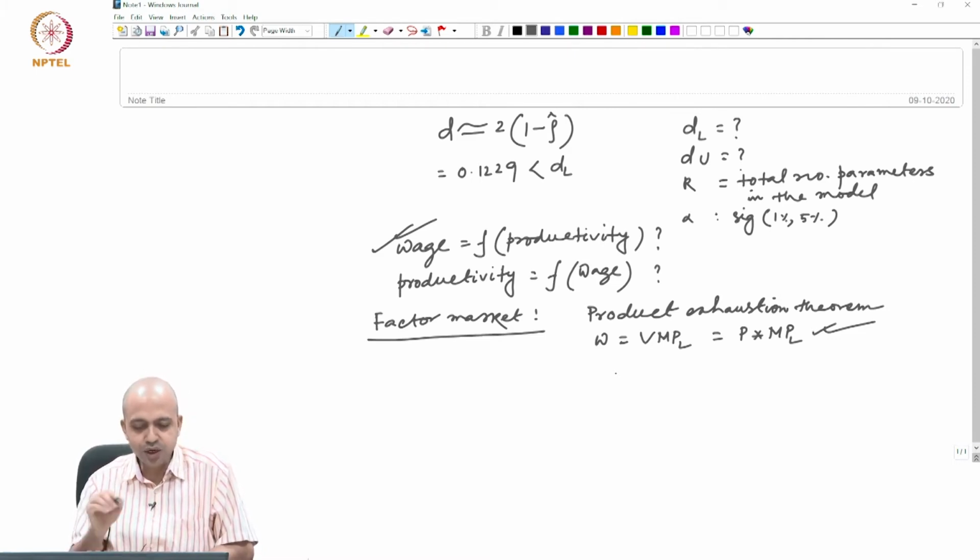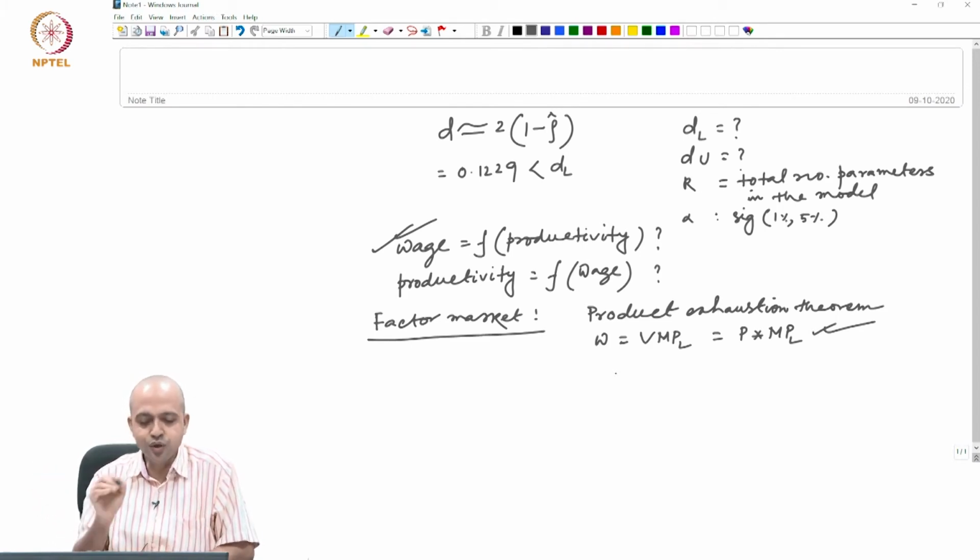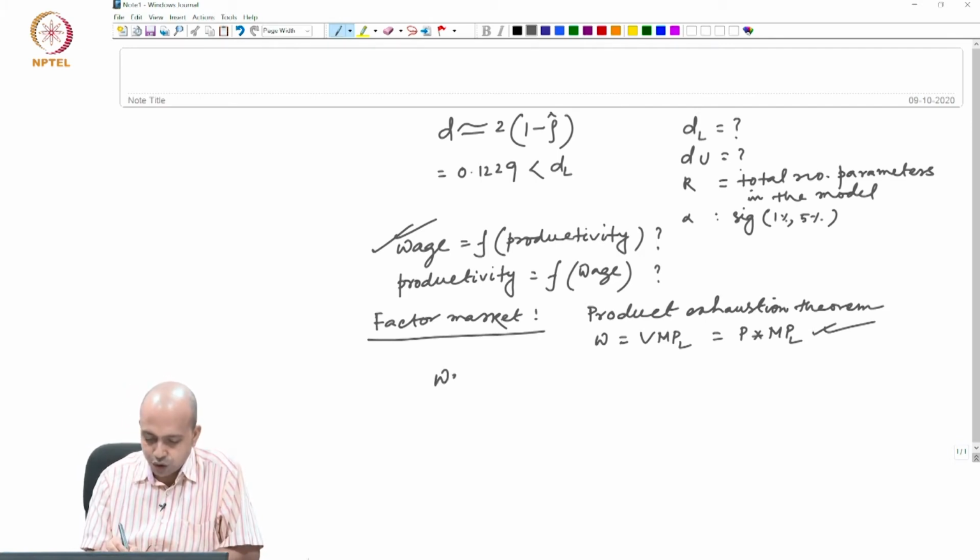That means the simultaneity between wage and productivity, though it is a possibility, for the time being we are just ignoring that, and we are considering that wage depends on productivity, and then we are writing this type of model.